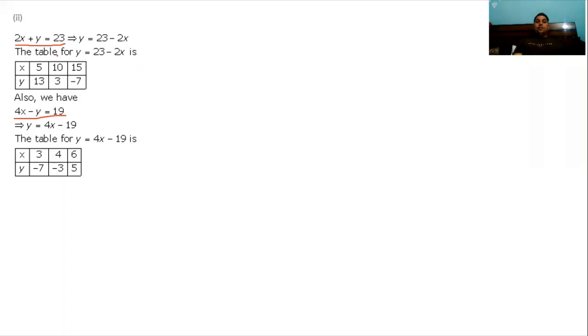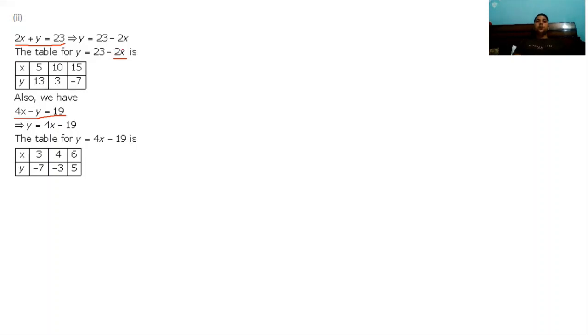Accordingly, we find the value of y by substituting random values of x. When we put x is equal to 5, it will be 23 minus 10, that is equal to 13. So when we substitute x is equal to 5, the value of y is equal to 13.